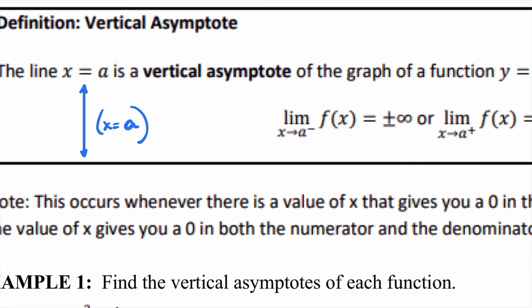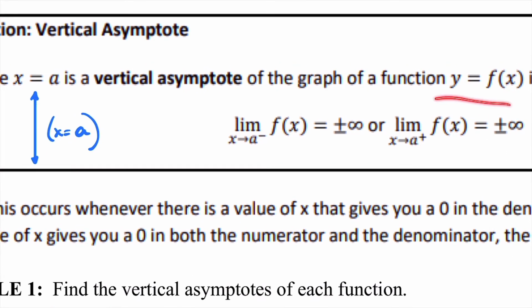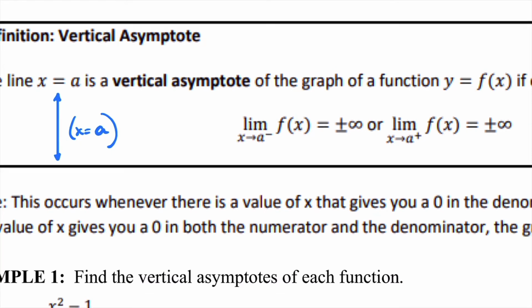And same thing from the other side. If I come from the positive side, it can't go through. It's not like a hole. A hole just has a hole and then it goes over it. This one can't go through. So the limit on either side is always going to be negative infinity or positive infinity.